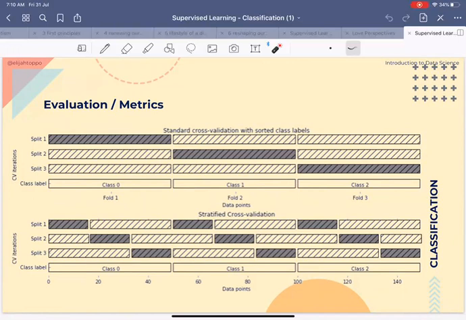The first 50 examples belong to class 0, the next 50 examples belong to class 1, and the next 50 examples belong to class 2. Since we have 3 folds, we will have to do 3 iterations. In the first iteration, we will use class 1 and class 2 data to train, and test on class 0. Okay, how good do you think the evaluation will go?